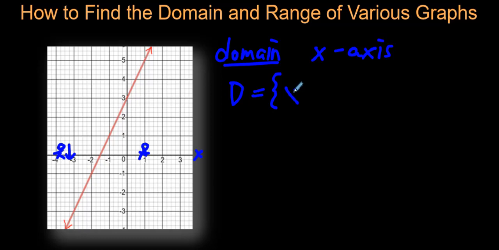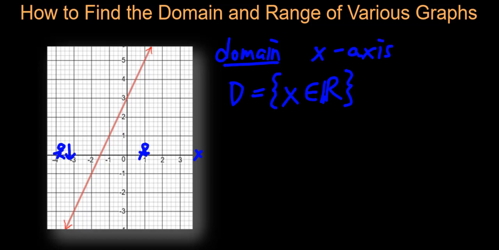Here's the way they would write it. They say x is an element of, that means it belongs to the real numbers. Okay, sometimes if you're doing the R in a fancy way, they put a little double thing there, but I just tell students the R is fine, a capital R, and then the squiggly bracket. That means this graph goes forever left and right, forever. Okay, it's part of the real number system.